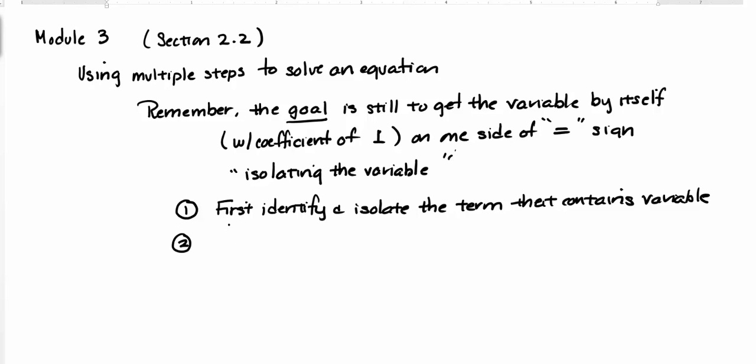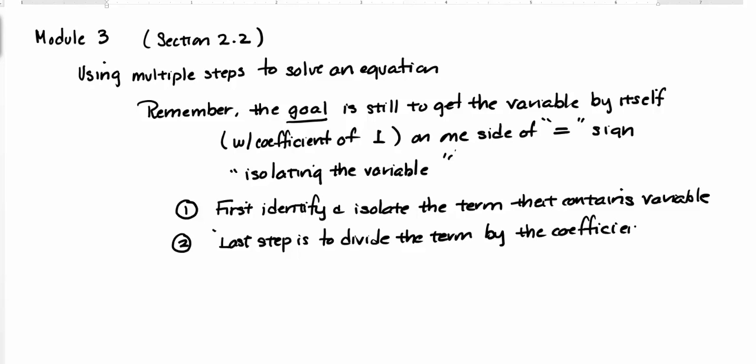And then the last thing you do is divide the term by the coefficient, or you can think of it as multiplying by the reciprocal of the coefficient.